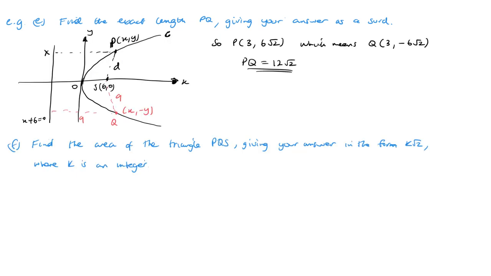Then the final step, PQS, so it's this triangle here, PQS, so that straight line there. So PQ will be the base of the triangle, and the height will be the difference. Oh yeah, this is 3, so it's actually this side.